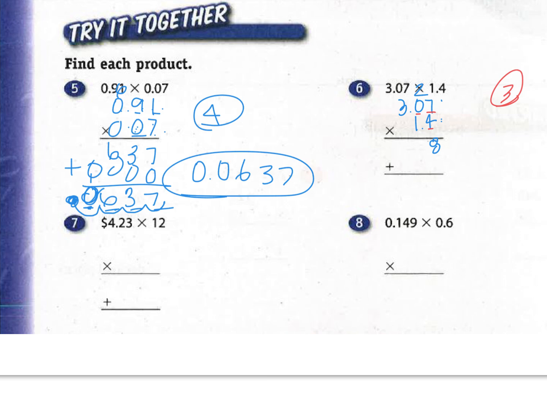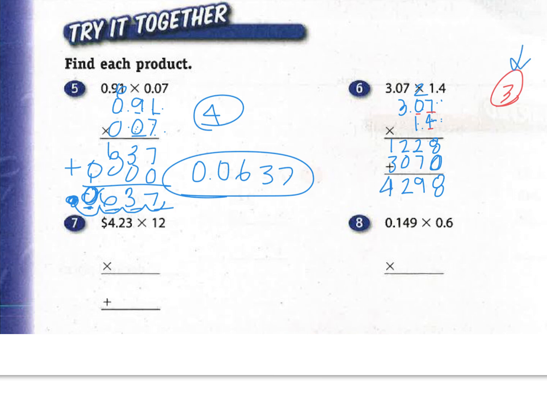Carry that 2. 4 times 0 is 0, plus 2 is 2. 4 times 3 is 12. Bring down the 0. Now we're going to do 1 times 7 is 7. 1 times 0 is 0. 1 times 3 is 3. Add these up. 8, 9, 2, 4.